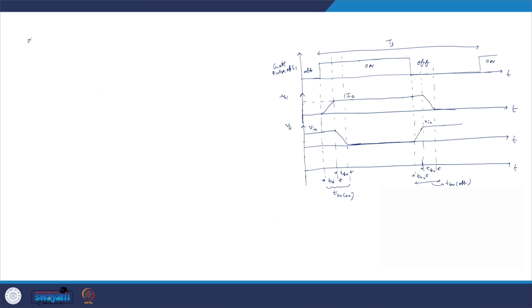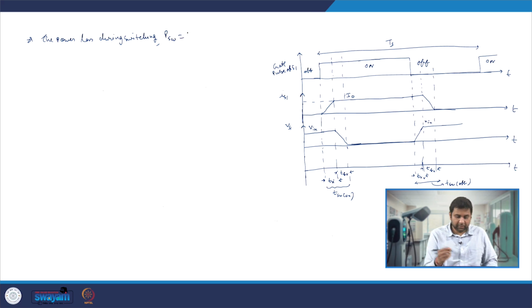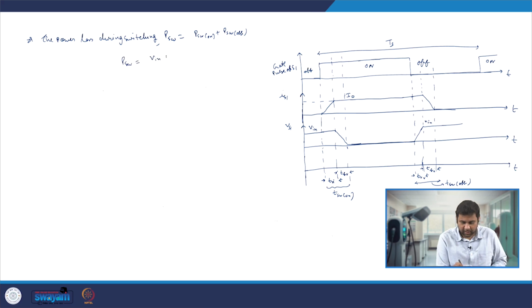So we can say the power loss during switching, that means during turn on and turn off, P switching, is nothing but P switch on plus P switch off, and that you will get is Vin I naught by 2 times (T switch on plus T switch off) times Fsw.